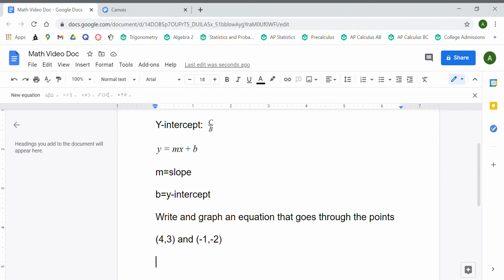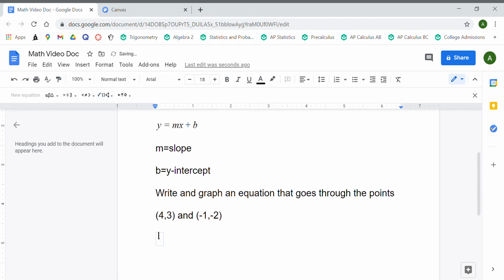So first thing you're going to want to know is the slope formula, which would be y1, oh, not x1, y1 minus y2, and then x1 minus x2. Alright, so there are two ways you do this to find the slope.